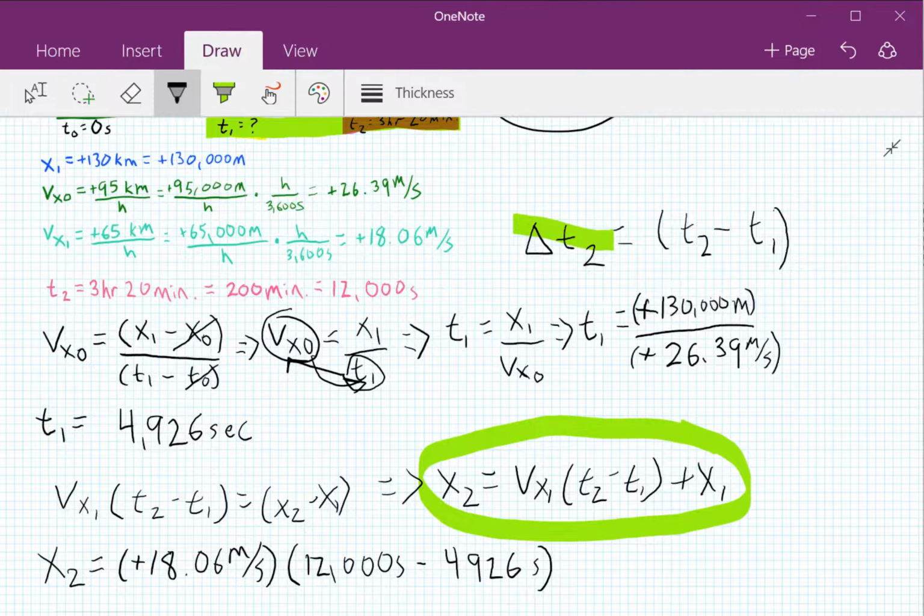So we have 12,000 minus 4,926 seconds, and then we need to add x1, which was that 130. So 130,000 kilometers. Now that is a displacement, so it does need a sign. So you put that in the parentheses with the sign.